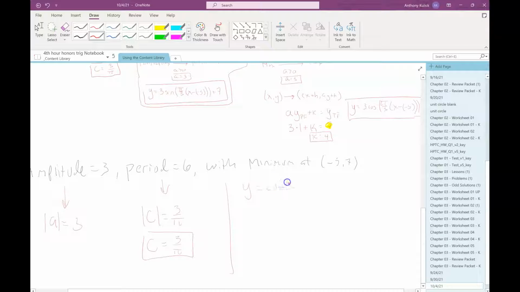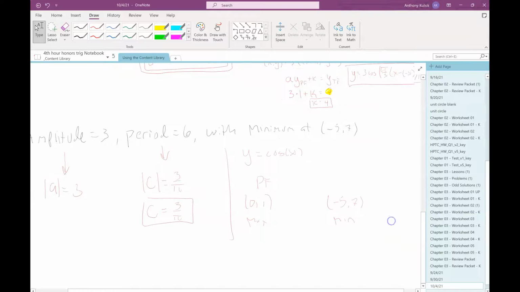So let's do the cosine way first. The parent function goes 0, 1, which is a maximum, to -5.7, which is a minimum. So since we're going max to min, I know the a needs to be negative. The h is going to be -5.